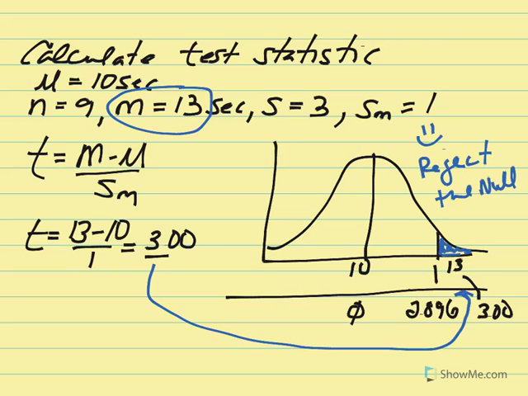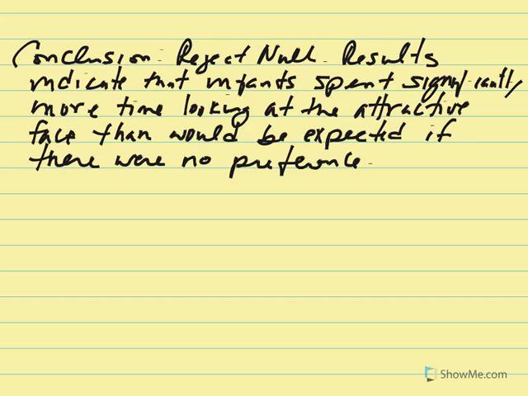And that leads us into the next step, which is to draw our conclusions and write our concluding statement. So our concluding statement would be as follows. We reject the null. Results indicate that the infant spent significantly more time looking at the attractive face than would be expected if there were no preference.